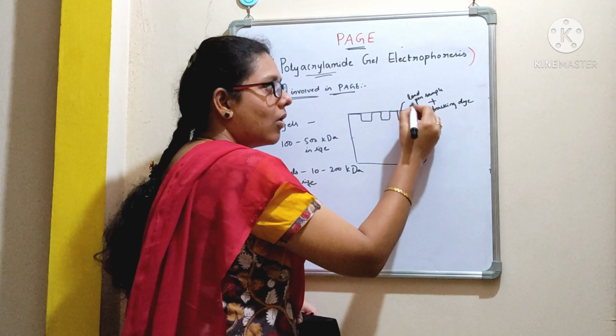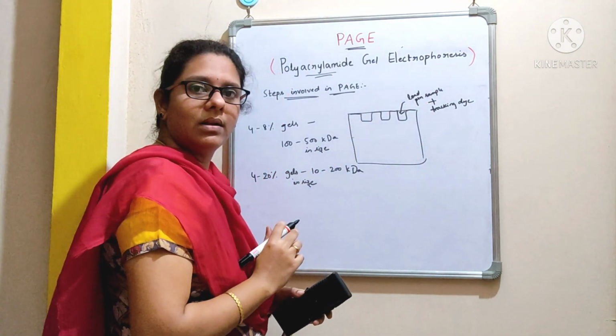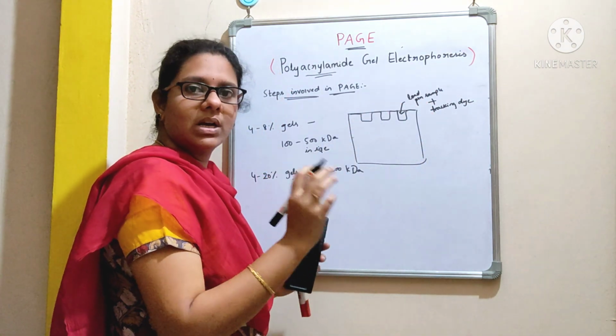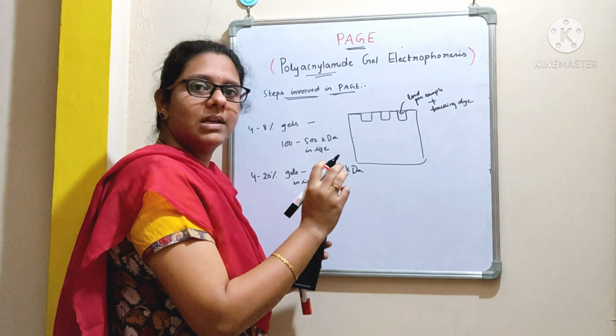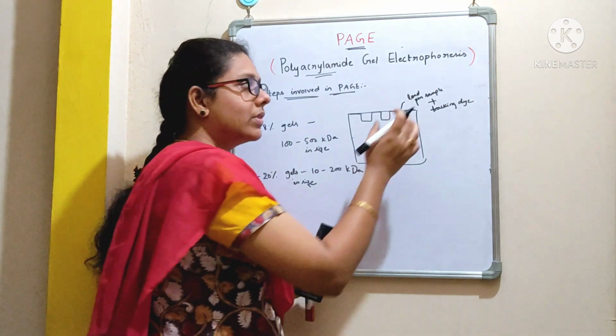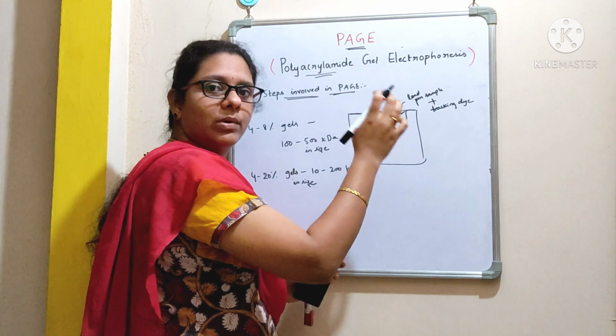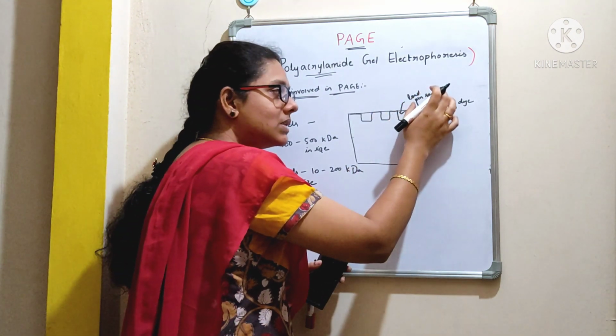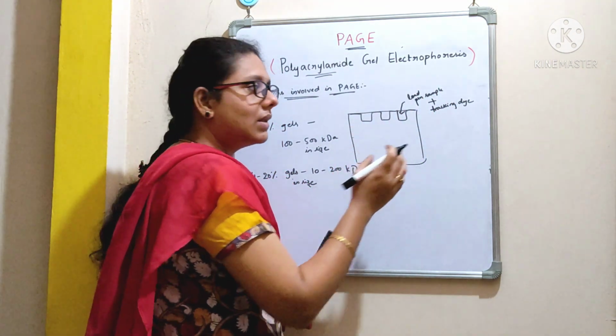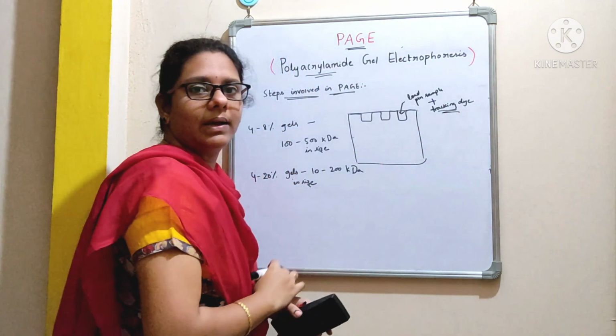You have already prepared the protein sample by adding a sample buffer which contains sodium dodecyl sulfate and mercaptoethanol. Now you have a denatured protein sample, and before you load it into the well, it should be mixed with the tracking dye.